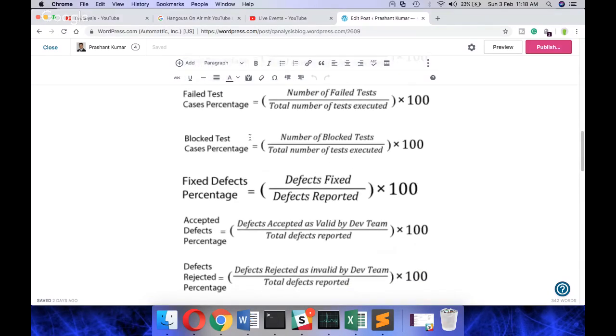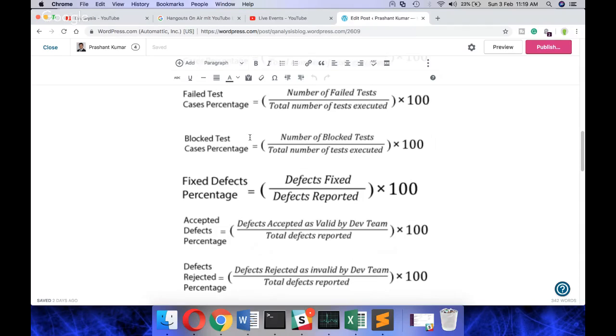Fixed defect percentage. To find it, you take defects fixed by defects reported, into 100. Let's say you have 200 bugs reported, out of which 100 have been fixed. When I say defects reported, I mean valid defects. I'm not talking about the whole list of defects. There could be a large number of defects, but for a typical sprint, only those defects which have been accepted by dev should be counted here.